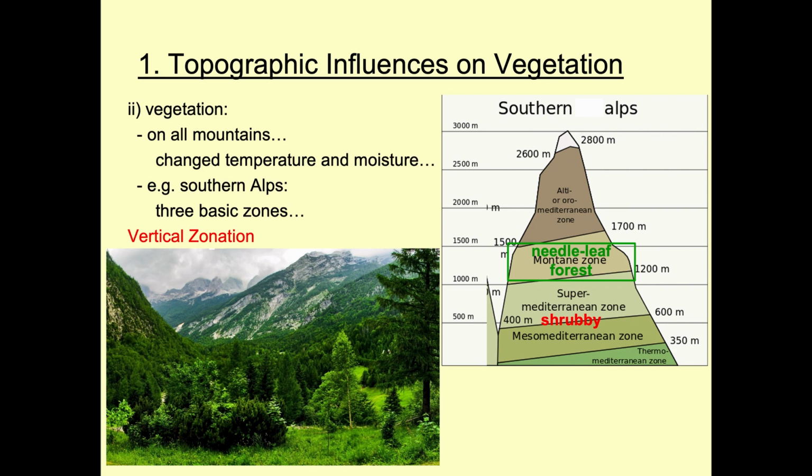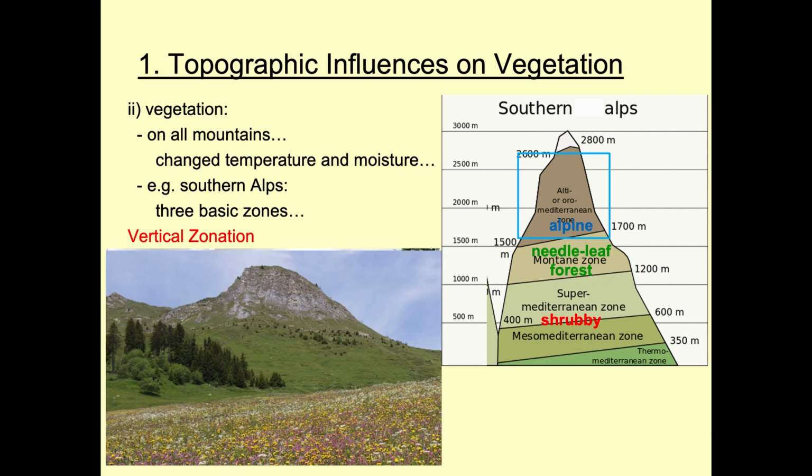Now, these needle leaf forests are more adapted to living in cooler and moister climates. And above that, we have alpine ecosystems. This zone is so cold that trees cannot grow there and instead are dominated by shrubs and non-woody herbaceous plants.